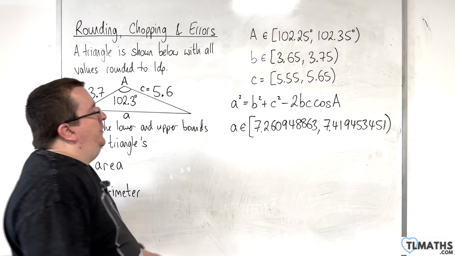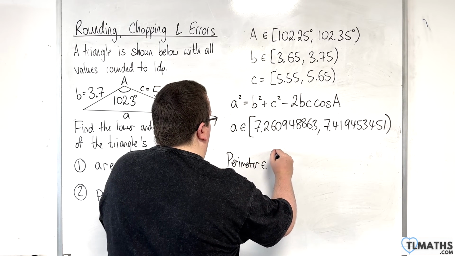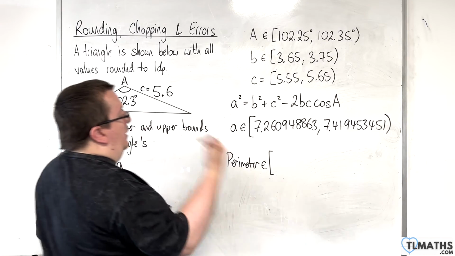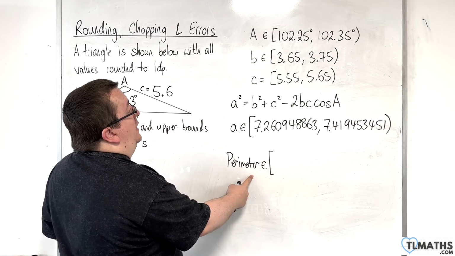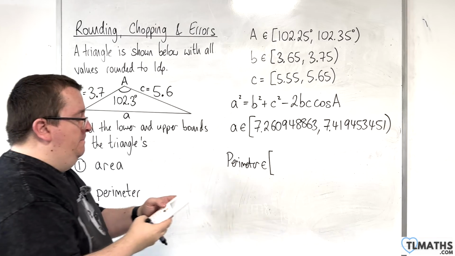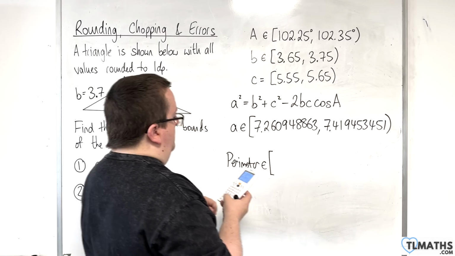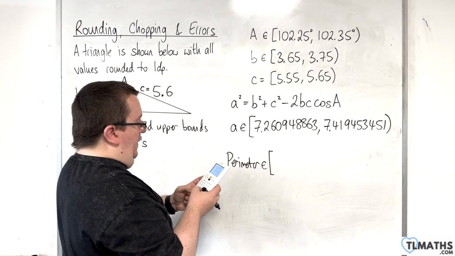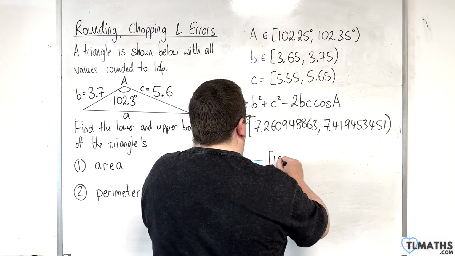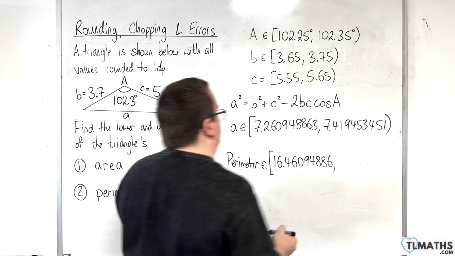Okay, so the perimeter will be the sum. The smallest that the perimeter can be, the lower bound, would be the sum of the 3 shortest sides. So 7.26094, etc., plus 3.65 plus 5.55, and that gets us 16.46094886.